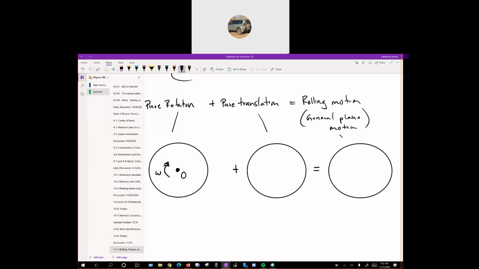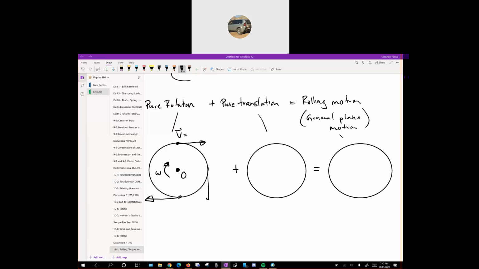If we look at some point up at the top, it's going to have some tangential velocity. And whatever this velocity is going to be, the velocity here is equal but opposite to this velocity right here.